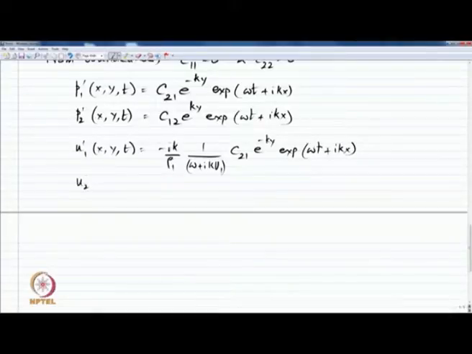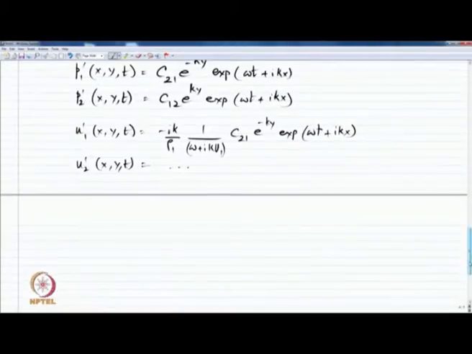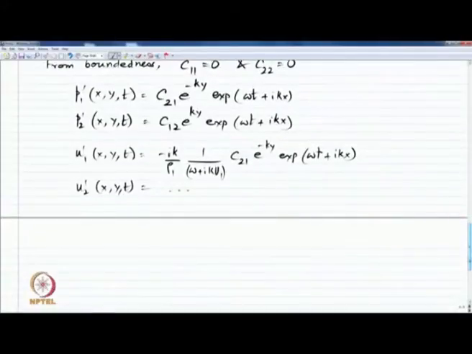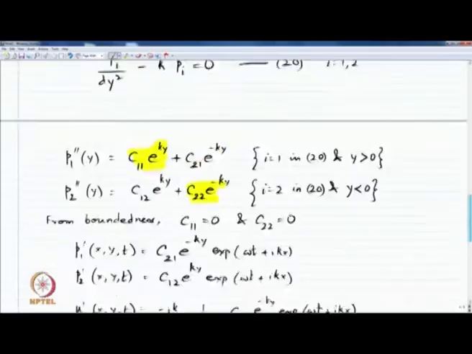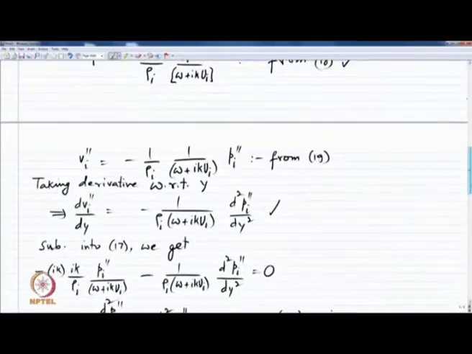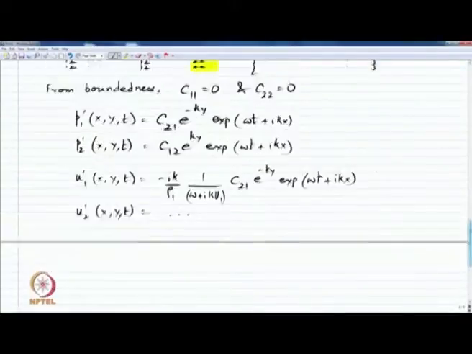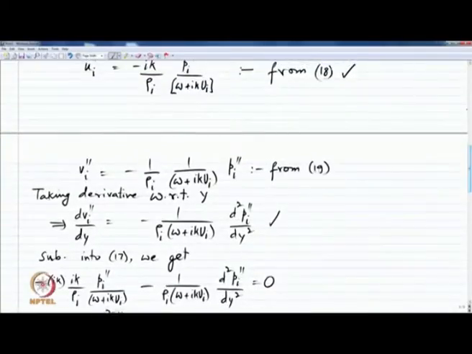And similarly, I can write u2 double prime. I am not going to write it down, but you can see that once I know u1, u2, I can also use the other equation to get to what V I prime would have to be.